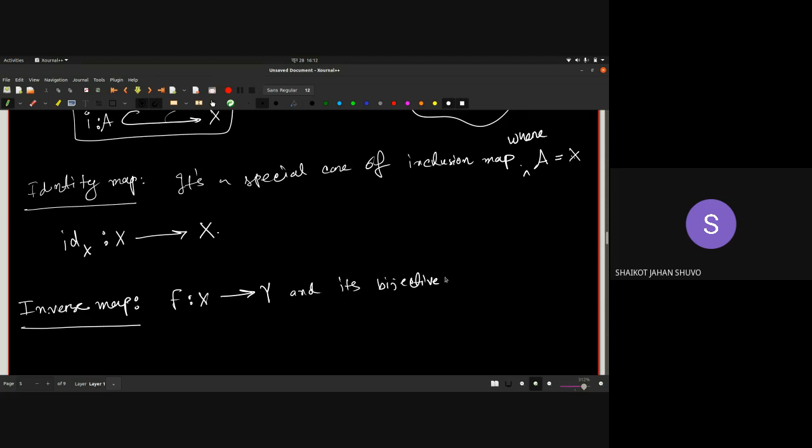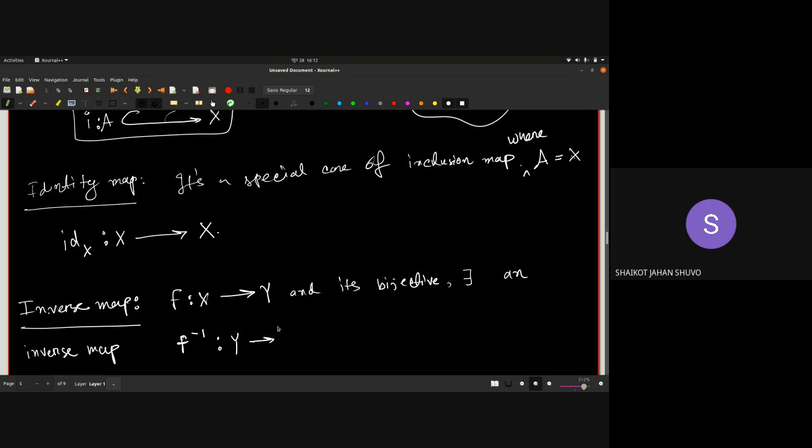So if this is the case, then there exists an inverse map denoted with f inverse, and please don't confuse this with the inverse image. What you're doing should be clear from the problem that you're dealing with, so please don't confuse these things.